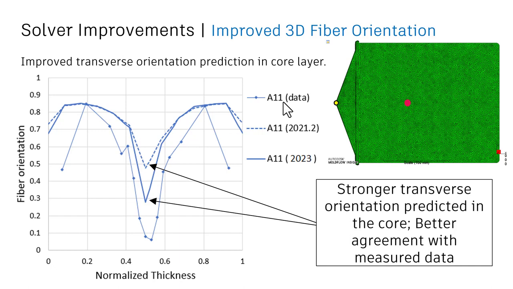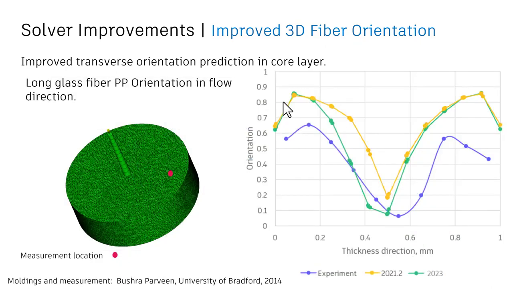So the core may be a little broader now, and it has gone deeper versus the earlier version. I would not say it is exactly closer, but now the core is a little deeper versus the wider one in the earlier version. And the effect is more prominent for long glass fiber.